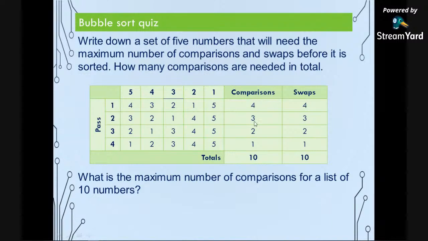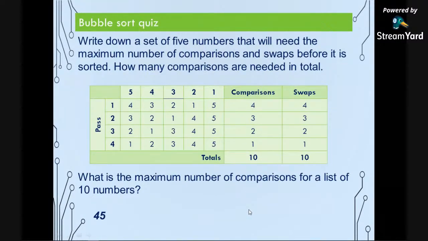If you add all those numbers up, 9 plus 8 plus 7 plus 6 plus 5 plus 4 plus 3 plus 2 plus 1 gives us 45, correct, Jordan. So 45 is our answer for a list of 10 numbers, because you'll have one less comparison than the amount of numbers there are.